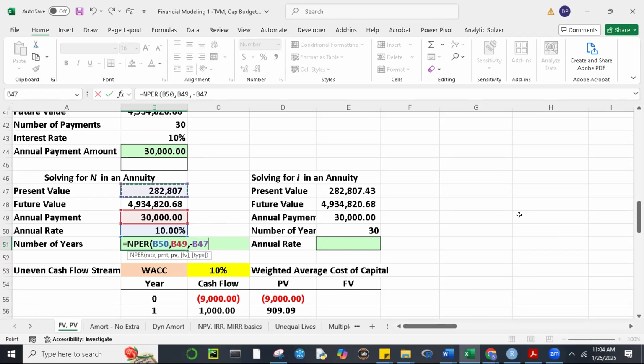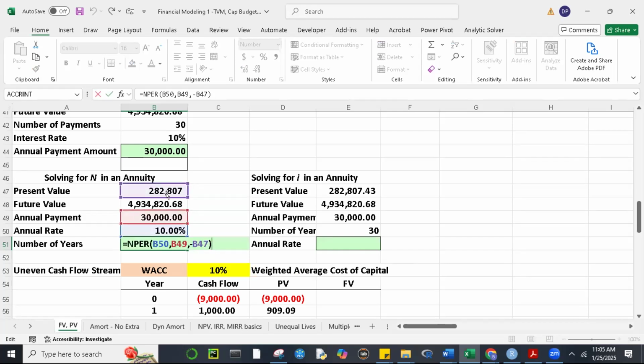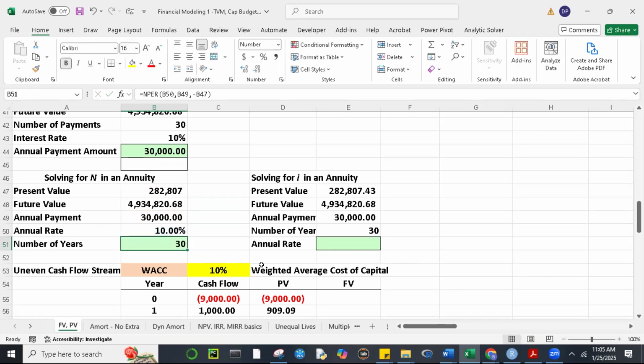It cannot be both positive, because you cannot have an investment where you get a positive present value and a positive annuity. Future value, ignore, because you're just comparing two cash flows, and the end of the period you can also ignore. Control enter. I got 30. You can also use future value and present value, but one of them has to be negative, or annuity and future value. Any of these will give you the same 30.